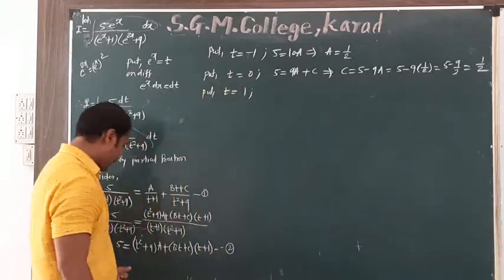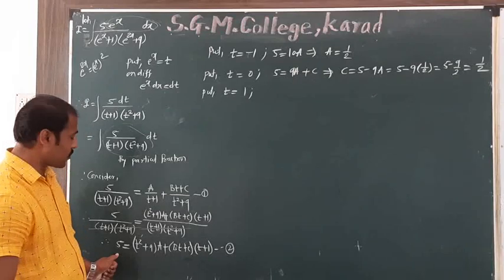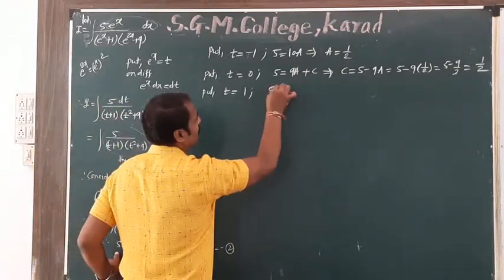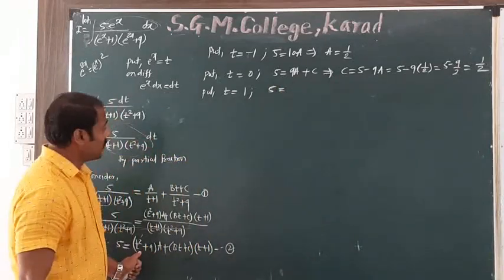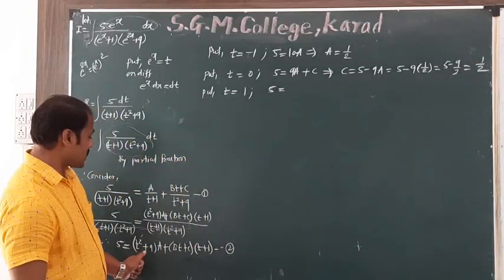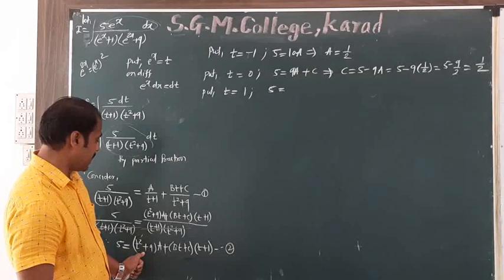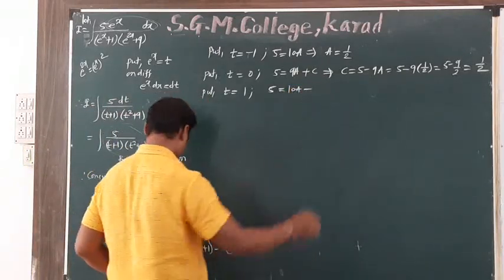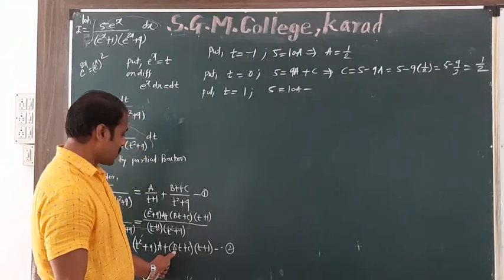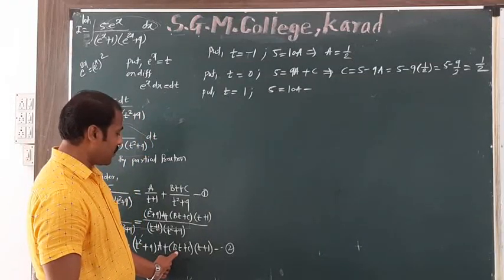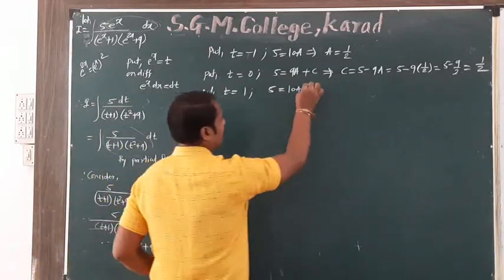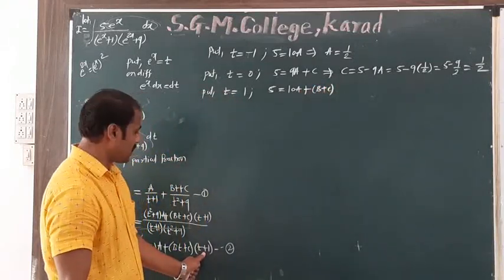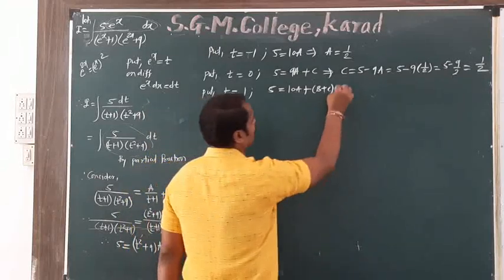So when we put t is equal to 1 in equation second, 5 is equal to 1 square is 1, 1 plus 9 is 10, 10 into a is 10a, plus 1 into b is b, b plus c into 1 plus 1, which is 2.